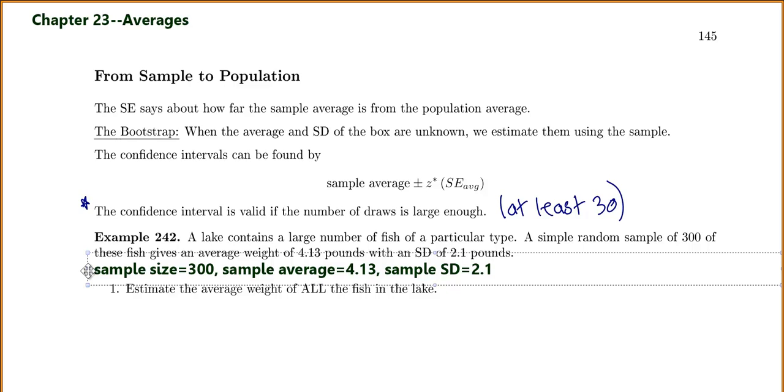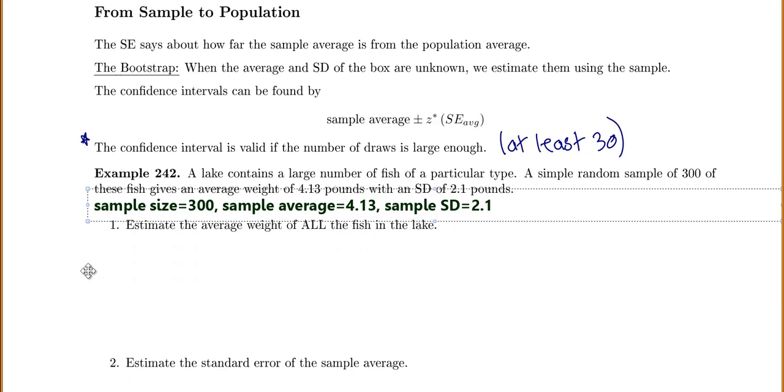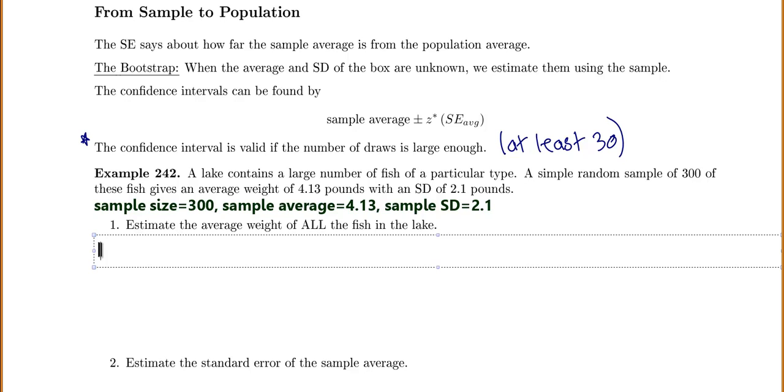Notice it's telling me information about the sample, and because it's telling me information about the sample and not the population, I know that I'm going from sample to population, and to do that I'm going to want to eventually work my way up to confidence intervals. So number one, estimate the average weight of all the fish in the lake.